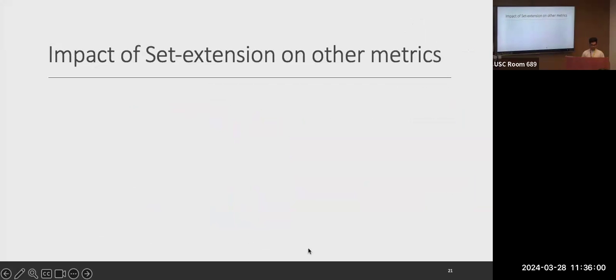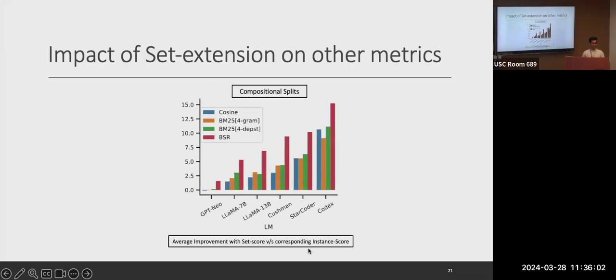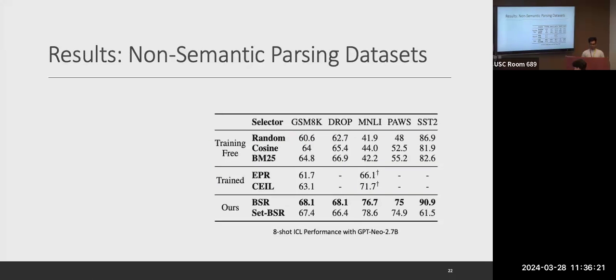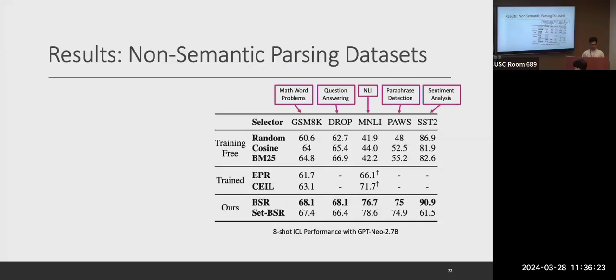What's more, this set extension, like I mentioned earlier, can also be applied to other things. If you apply it to cosine, BM25 with different types of terms, like unigrams, 4-grams or something else, or BERTScore, it improves performance in compositional settings as expected. We also evaluated on a few non-semantic parsing datasets like mathematical problems, question answering, NLI, fact detection, sentiment analysis.